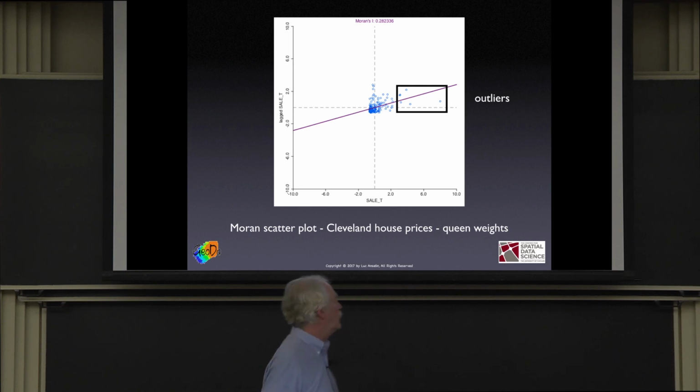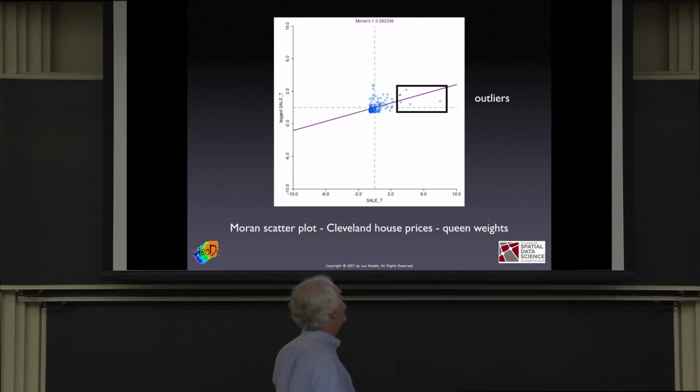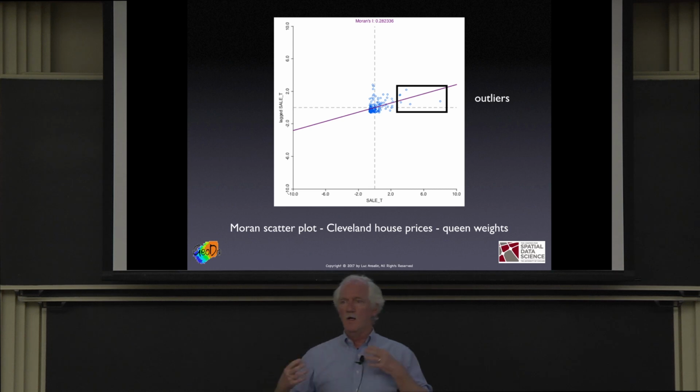And in particular, in the Cleveland example, I don't know if you looked at the data a little more carefully, but there's this one sale, about 500,000, that is just totally non-representative of the rest of the sales. So this point is way out there. And if you think of regression, I don't know how much regression analysis you've had, but there's this notion of leverage points.